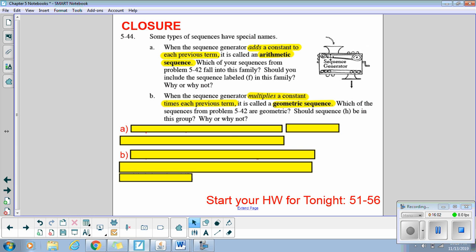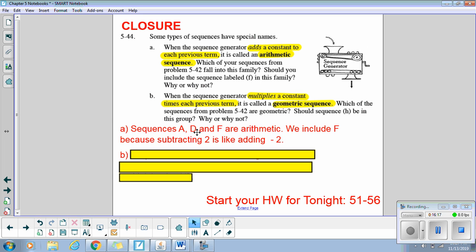Okay, so we are back taking a look at A. Sequences A, D, and F are all considered arithmetic because they add a constant term, very similar to linear functions or linear equations. We do include F because subtracting 2 is like adding a -2, so we're good there.